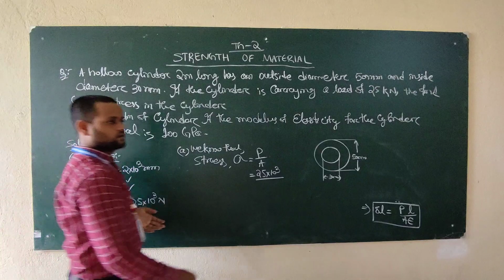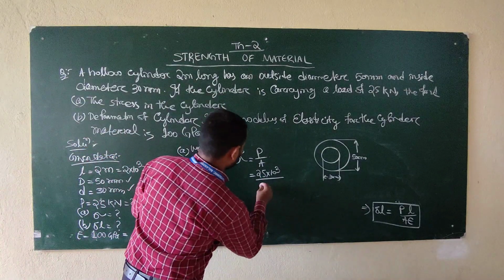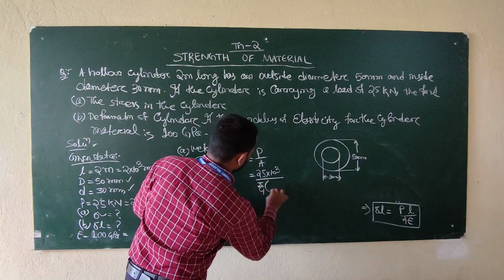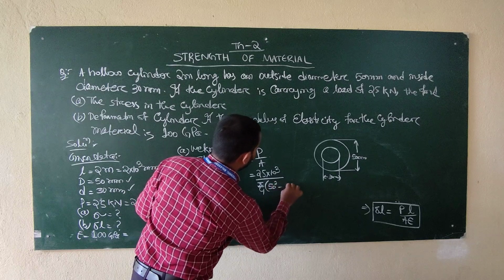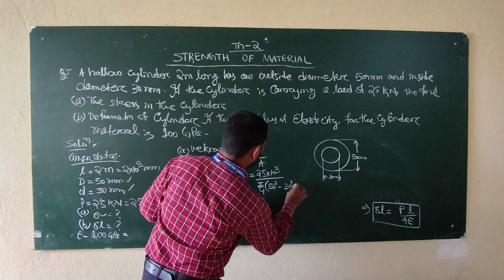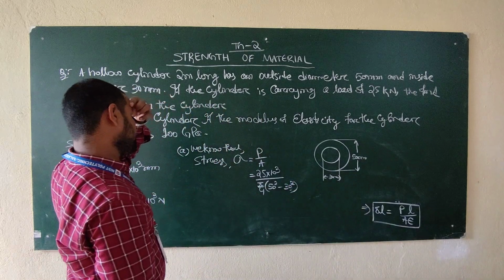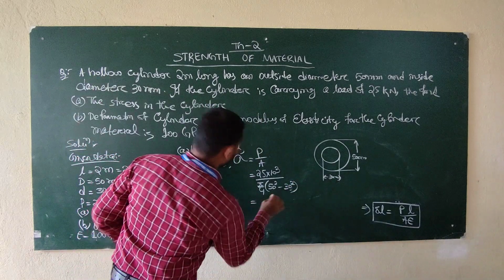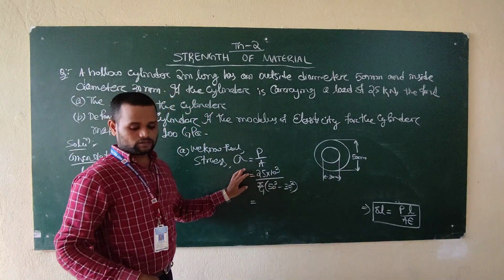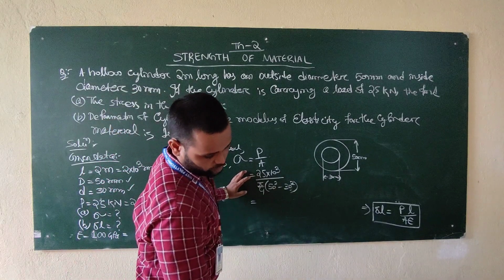Pi by 4 into capital D square minus small d square. That is pi by 4 into 50 square minus 30 square. We will calculate in the calculator. Stress sigma equal to 19.894.